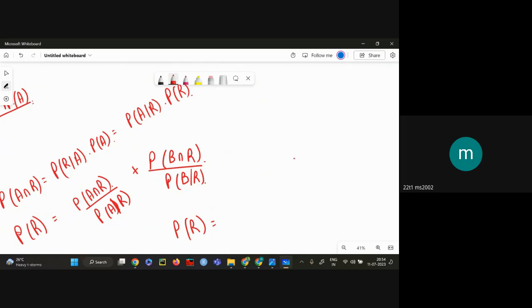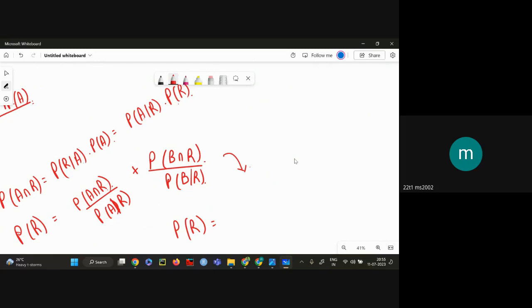Okay, let's do it like that only. It's simpler to understand. What does this basically translate to? P of A intersection R is P of R given A into P of A. Correct.